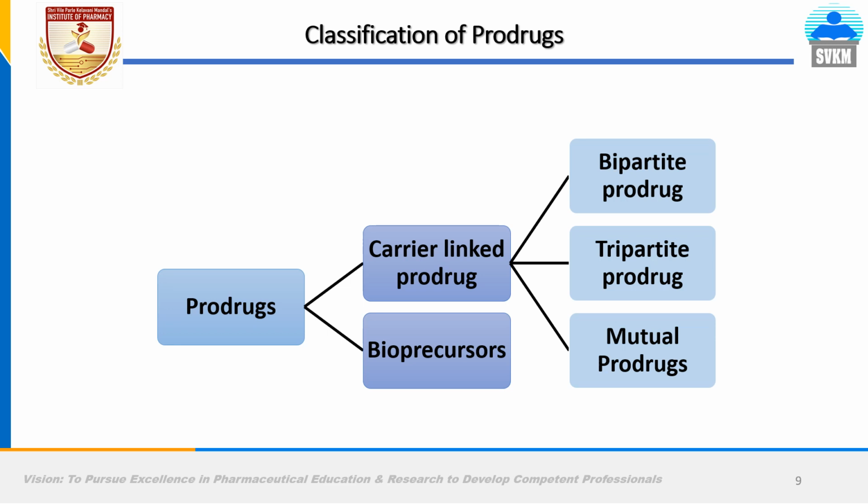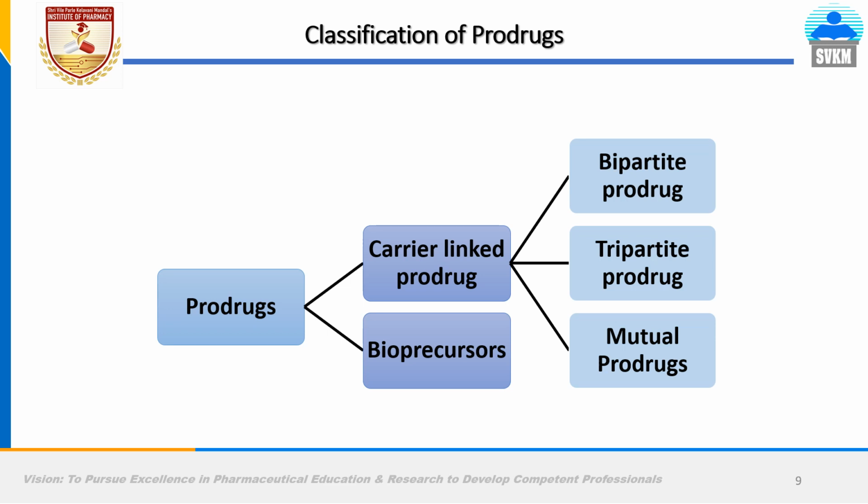A bioprecursor prodrug also has some differences from the carrier linked prodrug, because a bioprecursor prodrug is always metabolized by oxidation or reduction only. Oxidation or reduction is always present, but in the carrier linked prodrug they follow a variety of metabolic transformation techniques. Hydrolysis is also there, esterification also there. There are a lot of mechanisms.